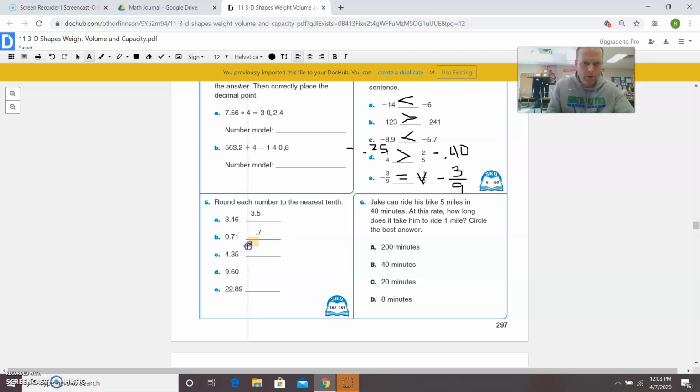Okay, go 70 if you wanted to. This one, 4 4/10, or if you want to make it 40. That 5 tells you to round up. This would stay at 9 6/10, and this one would round to 22 9/10.